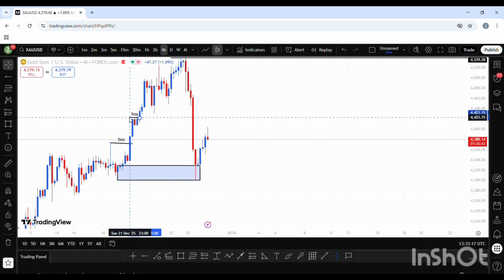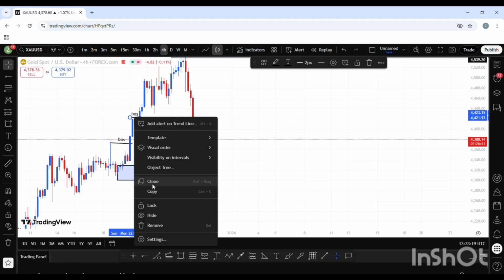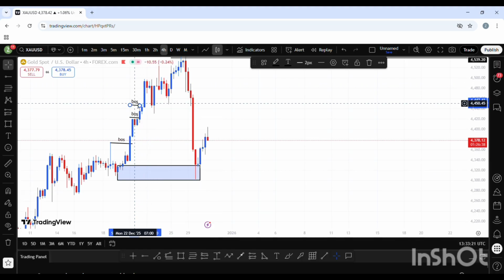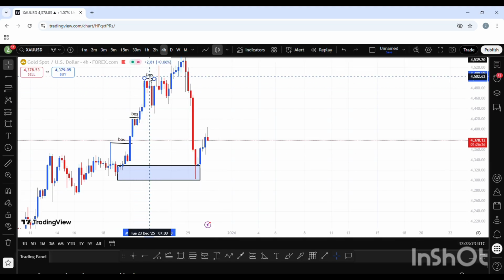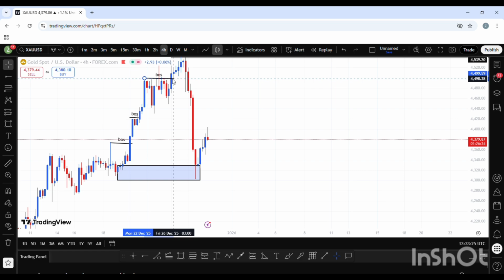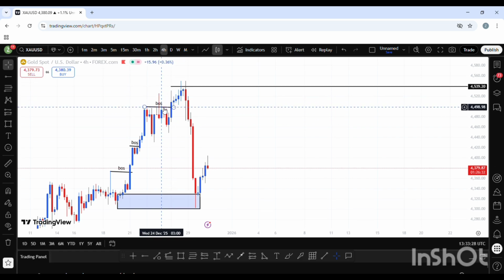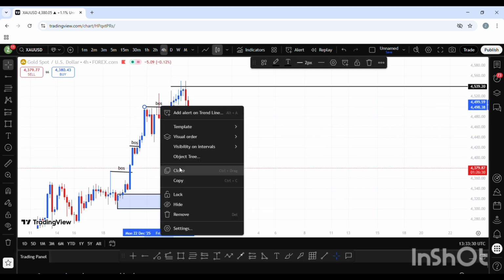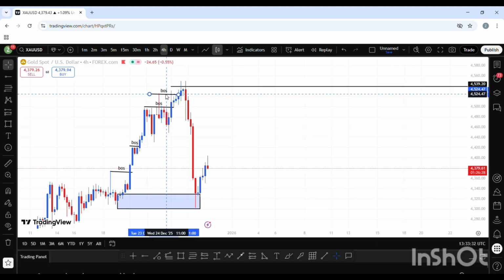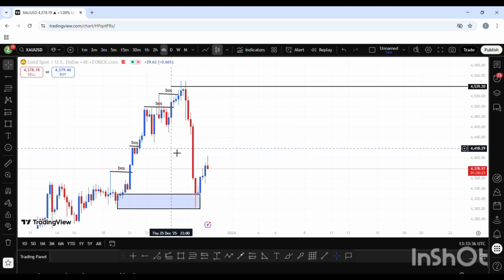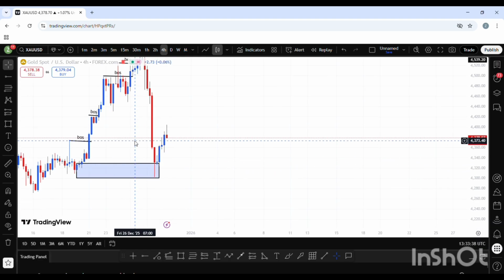In case you forgot how to map out your break of structures, let me just show you with this one. I clone all the break of structures from wick to body, right? And this is what we have. But that's not relevant for now or for the strategy that I'm using.